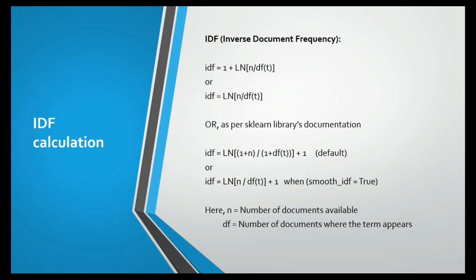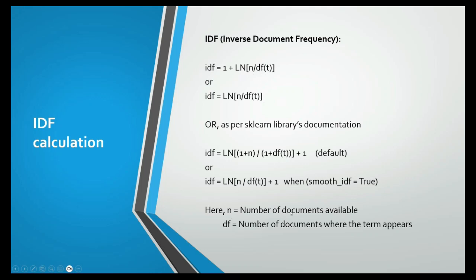Let's see how IDF can be calculated. IDF stands for inverse document frequency. This one is a little bit more complicated than calculating TF. There are two types of formula. One is IDF can be 1 plus ln, e based log, n divided by df.